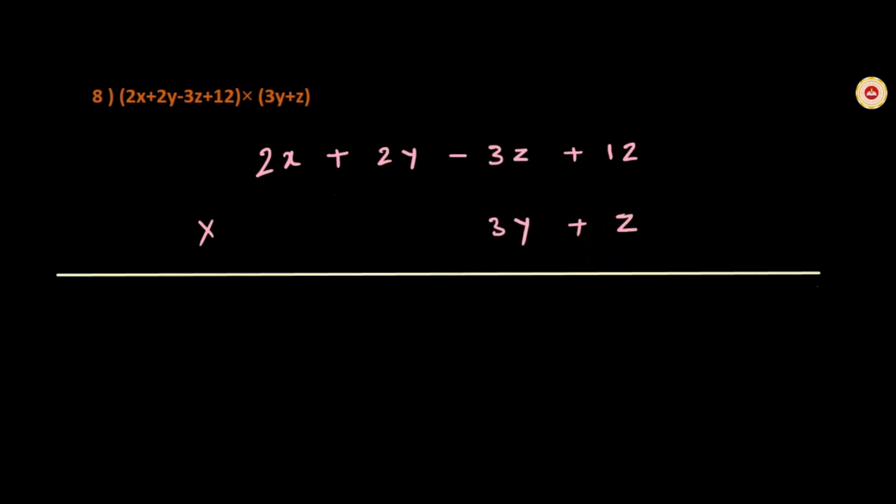It means that to calculate the answer, we will have to complete 4 plus 2 minus 1, 6 minus 1, 5 steps. We will have to write the answer in 5 parts, right?